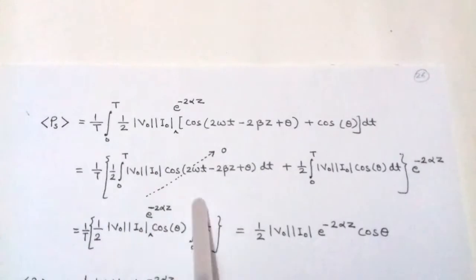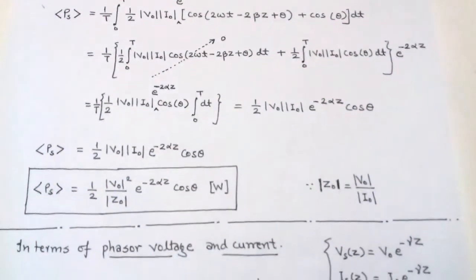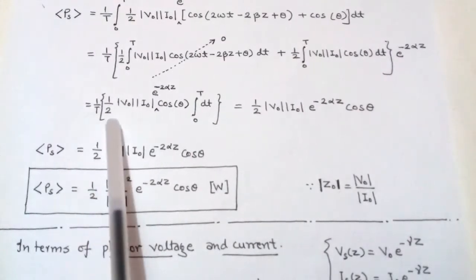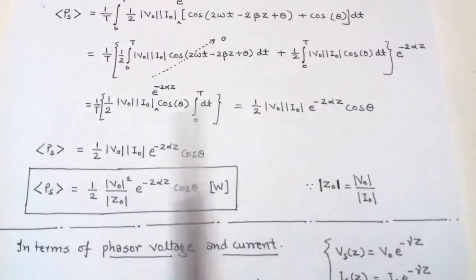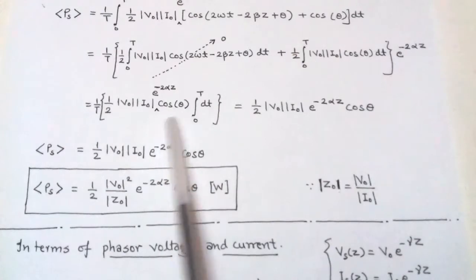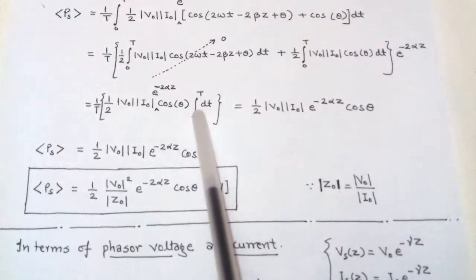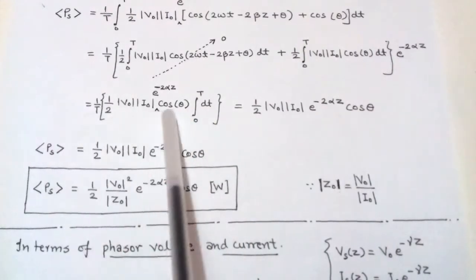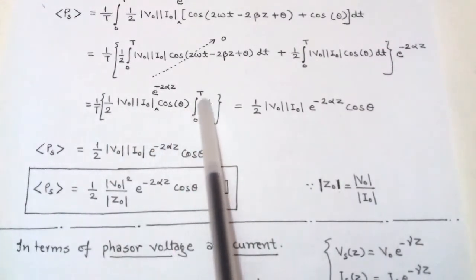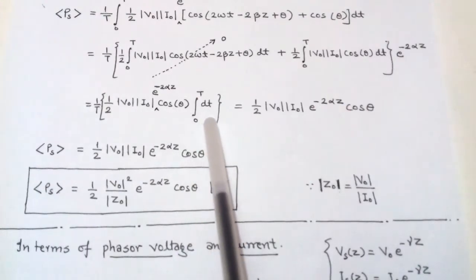So here the first term is 0 and the time average power is equal to 1 upon T within bracket 1 upon 2 mod of V0 mod of I0 e to the power minus 2 alpha z cos theta integration of dt. Because these are all constant terms, we take them outside the integration. So the integration is with respect to dt only.